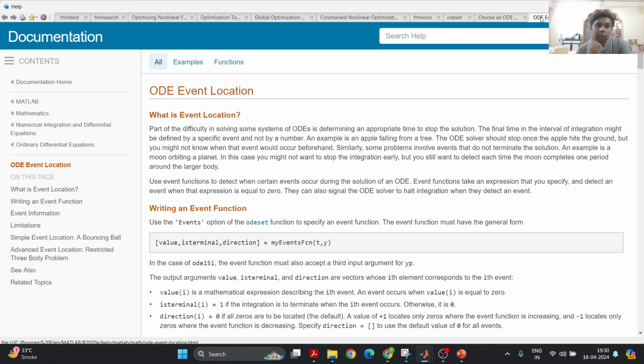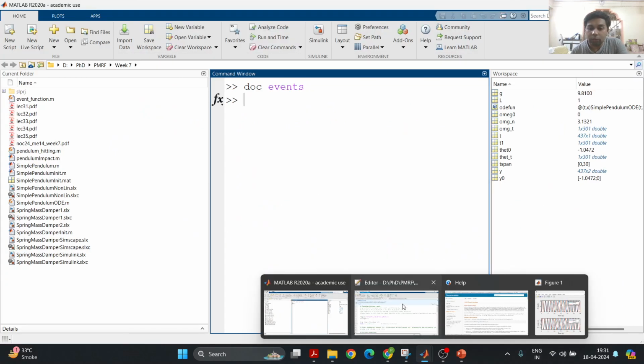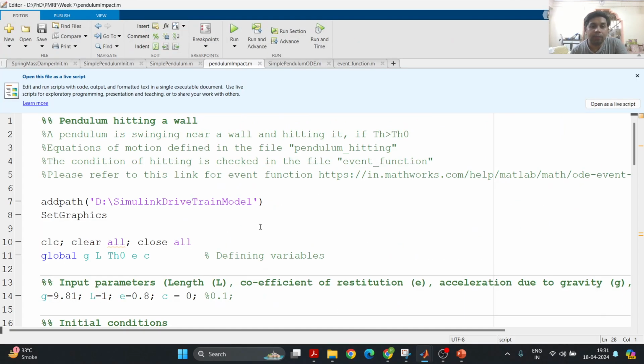So you can go through this documentation to know more about this feature, which we are using in this example.